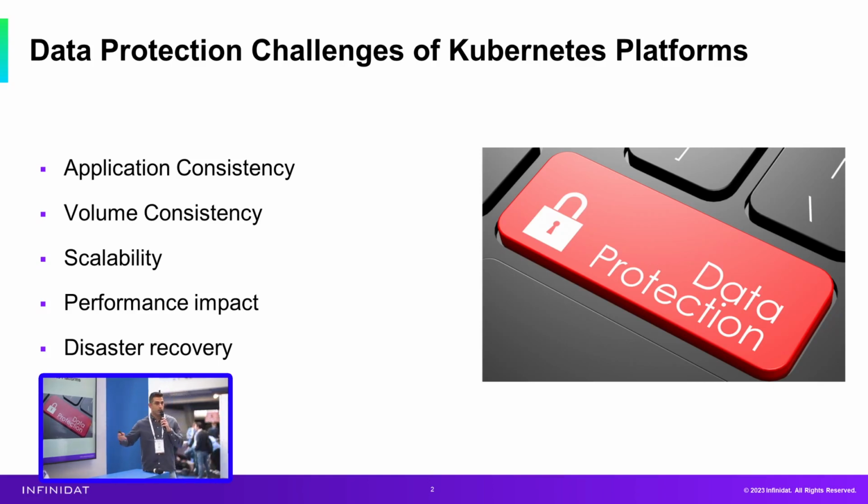Also scalability. The Kubernetes platform works at high availability and scale, and it always scales up. Taking a backup in scale mode is very hard and challenging for the application. Also performance, when you are taking a backup.